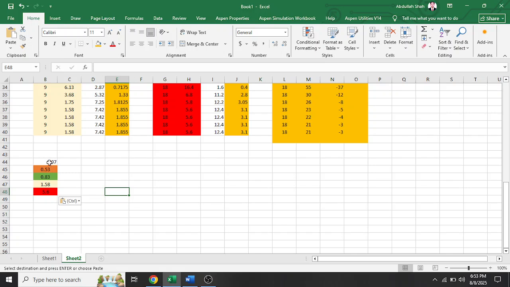Okay, these are the Ce for the 5 experiments.